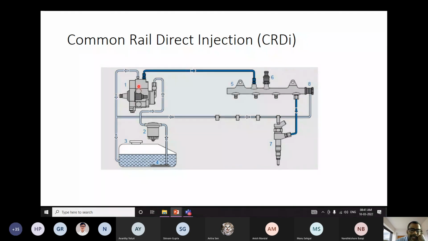Now, it is possible that not all the fuel sent from the tank to the high pressure fuel pump is compressed and sent to the rail. Some amount of the fuel can return back. That is the fuel return line. What I'm showing here is a fuel control valve, so the fuel can also come out from here.